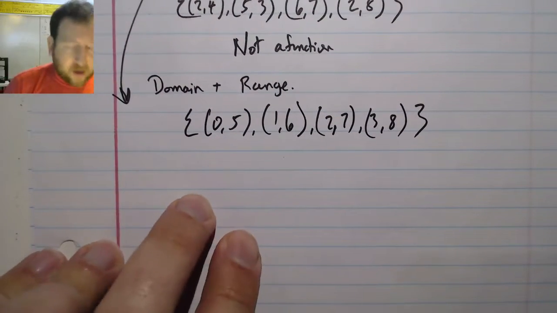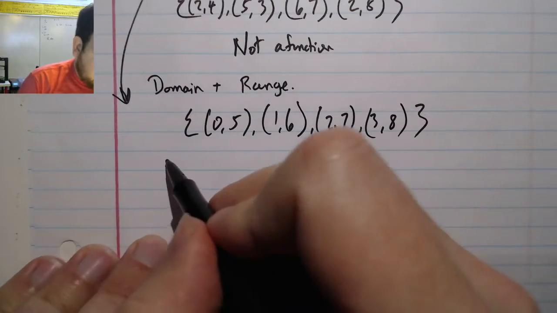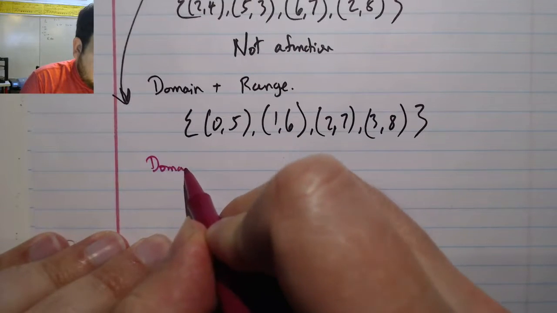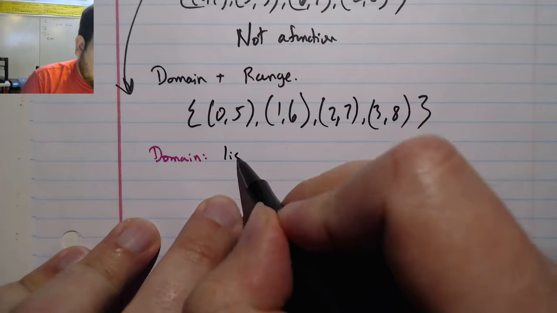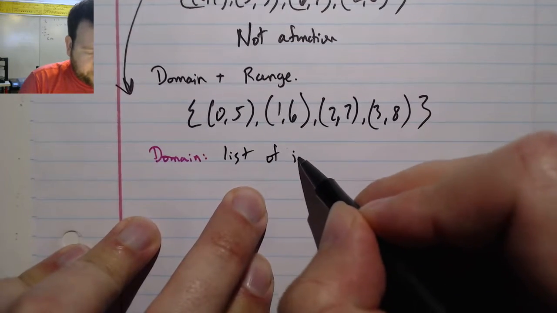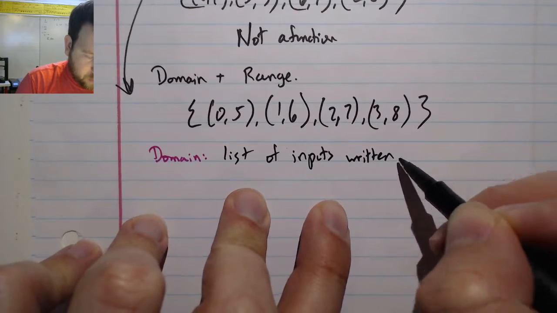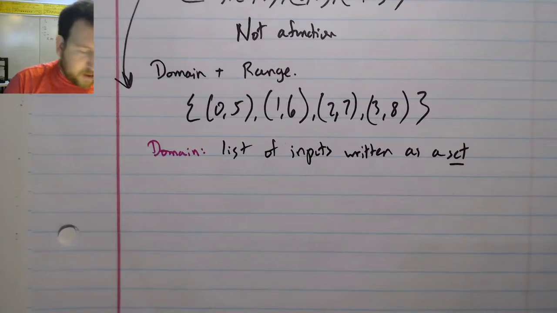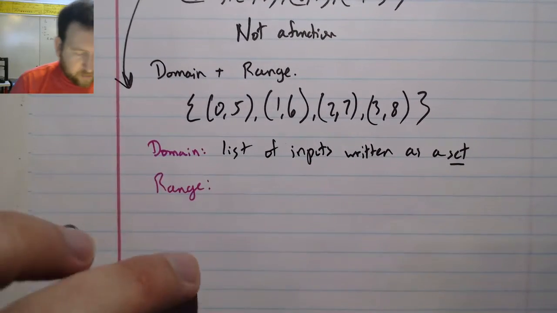The domain is simply the list of the inputs written as a set. And our range is very similar.